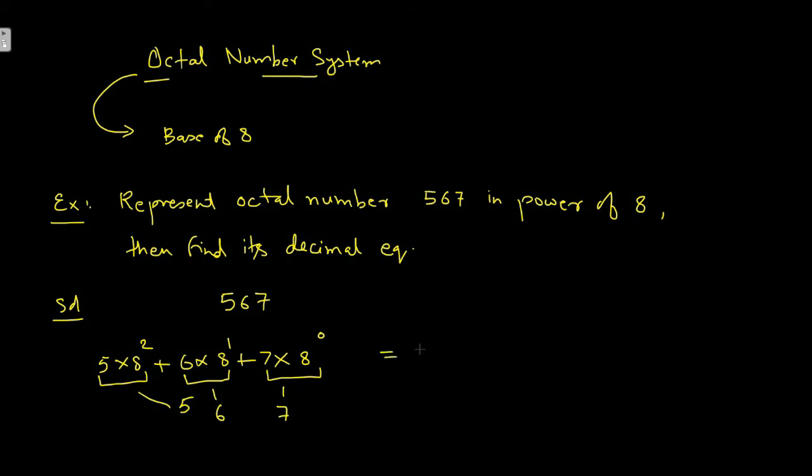After solving this we get 320 plus 48 plus 7, and after adding we get 375, and this is the decimal equivalent of octal number 567.